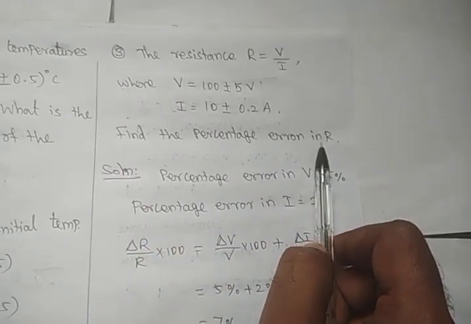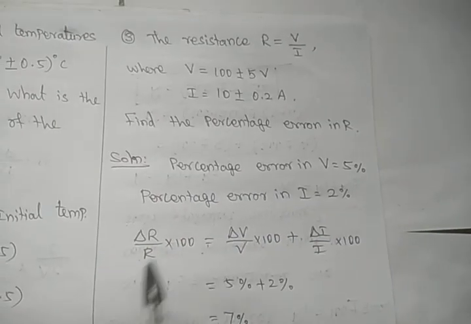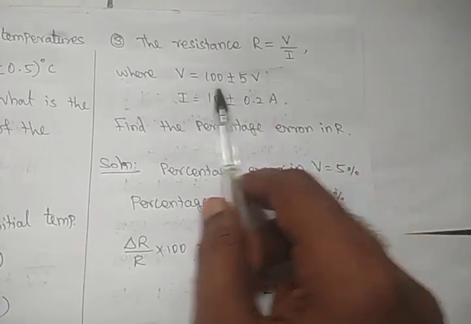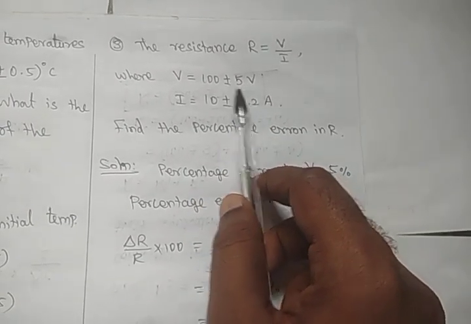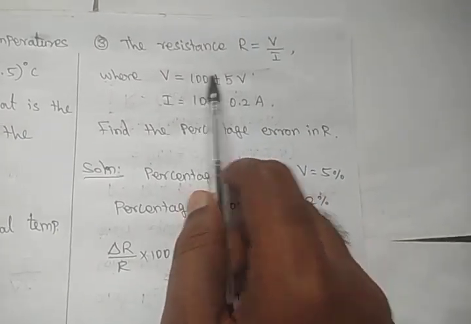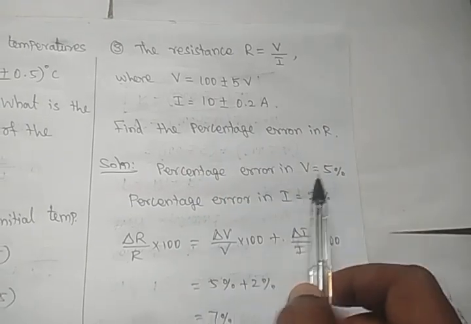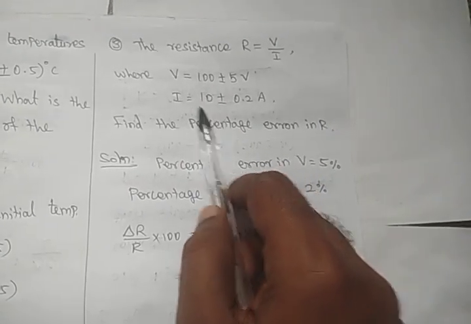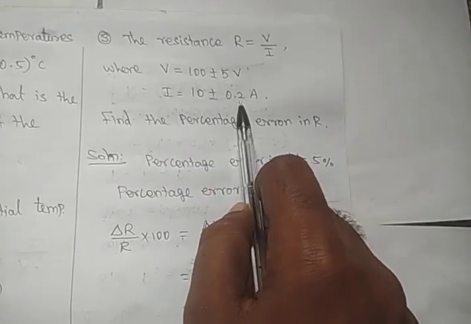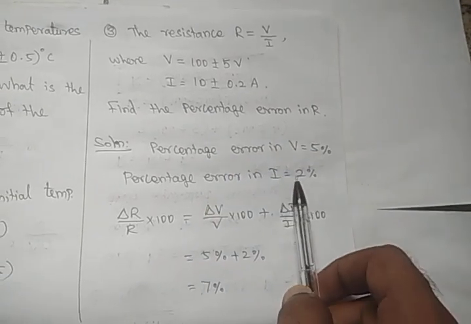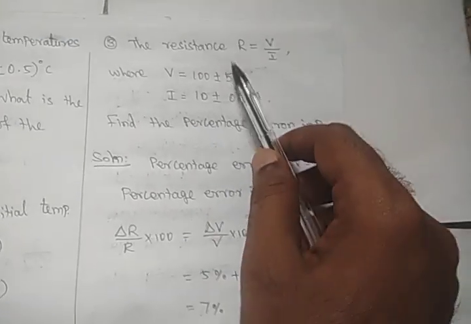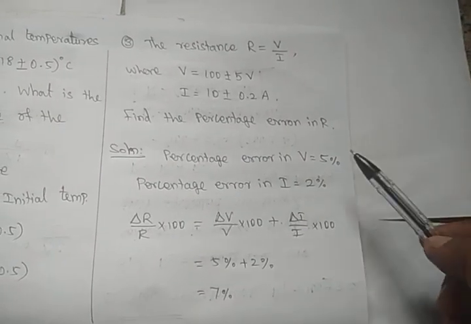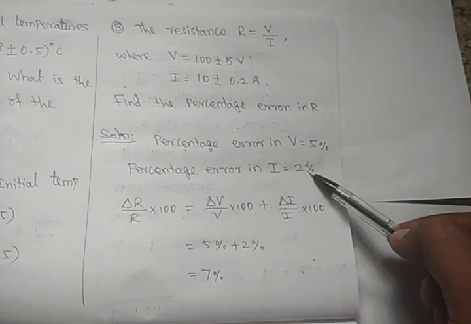What is the percentage error? Very simple, by seeing the data itself we can find that for 100 volt, 5 volt is the error. That means 5% error. For 10 ampere, how much error? 0.2 ampere. It is 2% error. So the error is 5% and 2%.